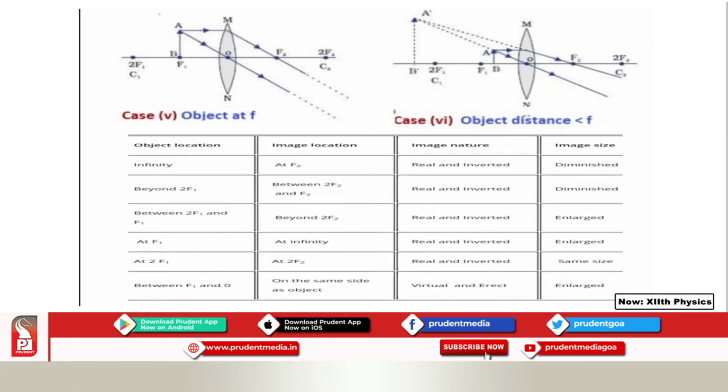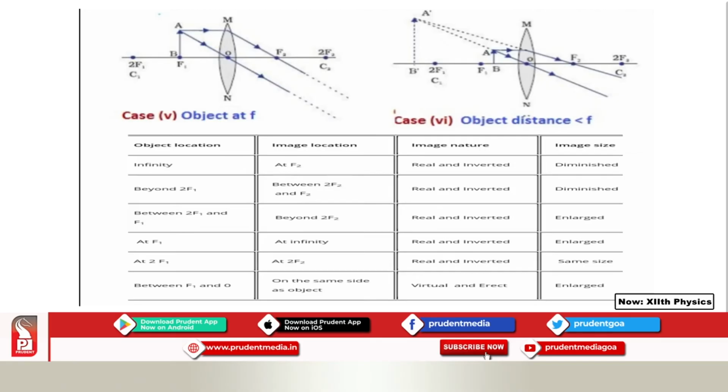Next, I have got the table telling you the same thing that we learned just now. Object at infinity, image at focus, it is real, inverted and diminished. Beyond 2f, the image is going to be between 2f and f, real and inverted, and definitely diminished. Object between 2f and f, the image is going to be beyond 2f, real, inverted and enlarged.